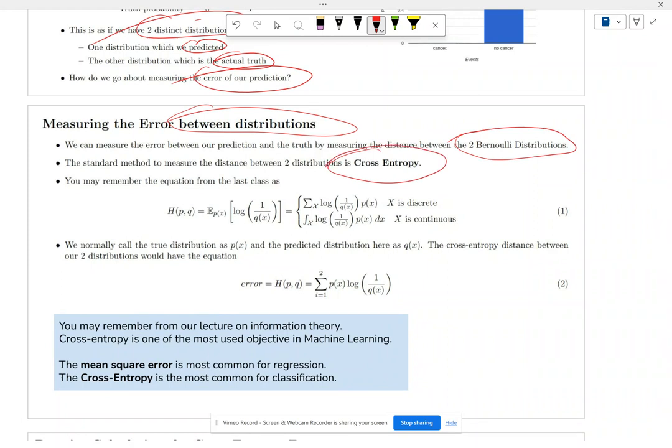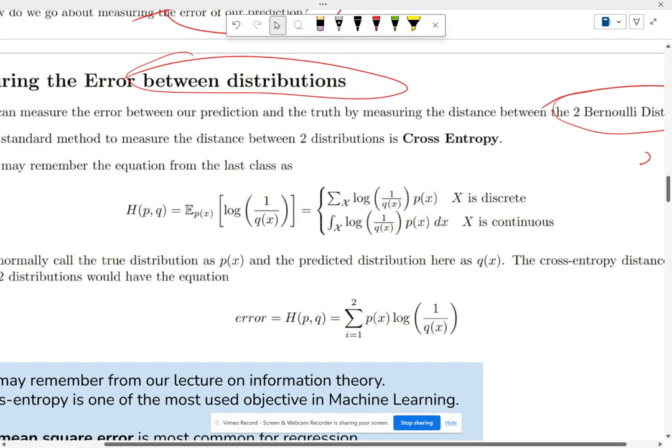We went over in the last class what cross entropy is. If you have the cross entropy of P and Q, it's essentially measuring their difference. You want the cross entropy to be as small as possible, which means they are essentially the same, or as large as possible, implying that they are very different. You may remember the equation from the last class for cross entropy.